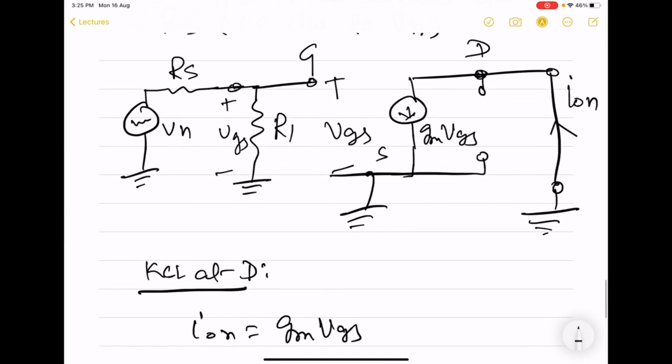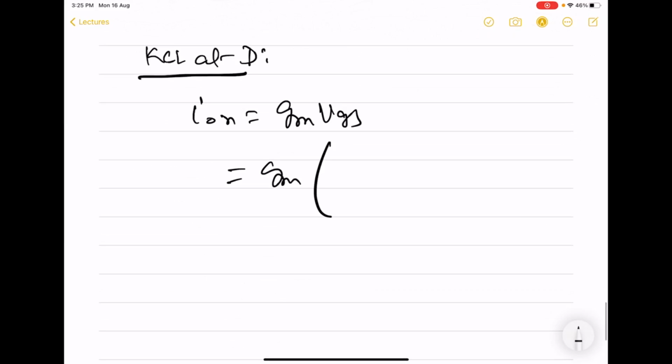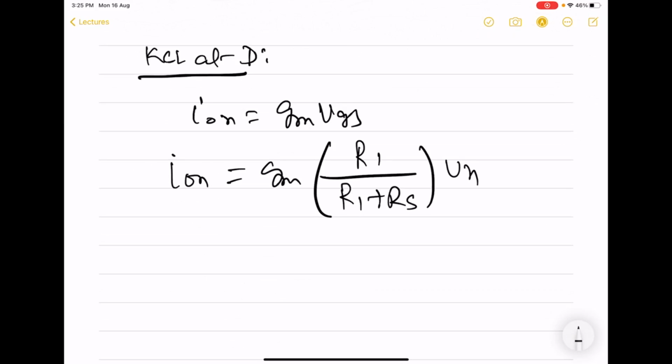And the voltage across R1 can be found by analyzing this part of the circuit. So VGS is R1 divided by R1 plus RS into Vn. So this is the output noise current due to RS.